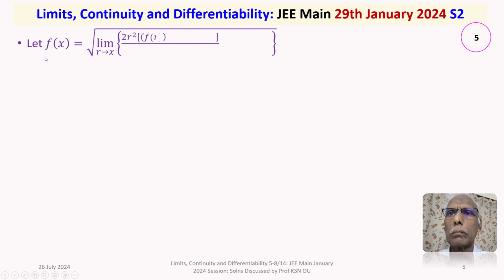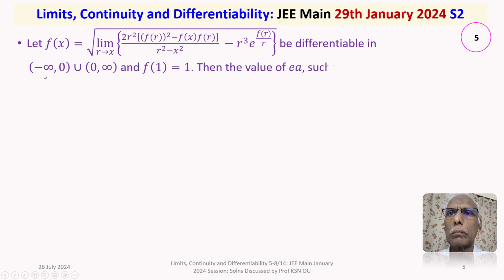The given question is, let f of x be equal to the square root of limit r tends to x of [2r square f of r whole square minus f of x into f of r] by r square minus x square minus r cube e to the power of f of r by r, be differentiable in the open interval minus infinity to 0 union the open interval 0 to infinity and f of 1 is equal to 1.